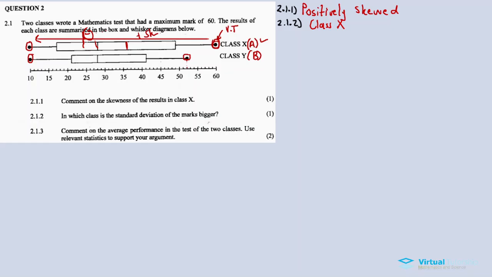It's one of the measurements esiwasebenzisayo for measuring dispersion on data. So uma uthatha ukubheka in your class, the standard deviation or the spread of your data, we check out this block, right? This block from Q1 to Q3, right? There's the interquartile range la. It's bigger good class X than good class Y.